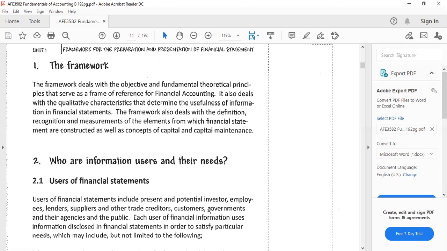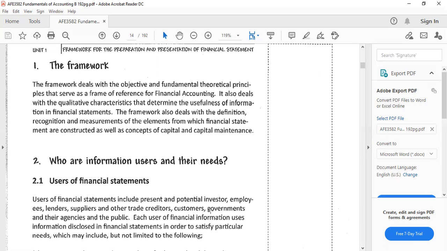So the framework also deals with the definition, recognition, and measurement of elements from which financial statements are constructed, as well as concepts of capital and capital maintenance. Remember, we have five elements of financial statements: assets, owner's equity, liabilities, incomes, and expenses.